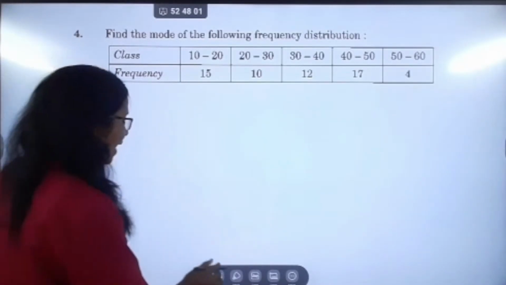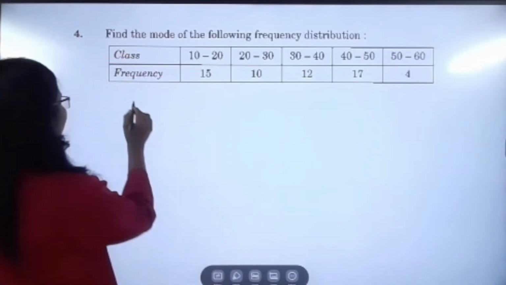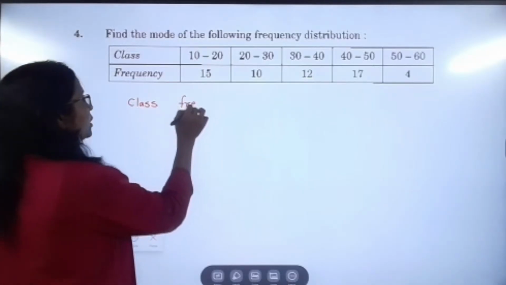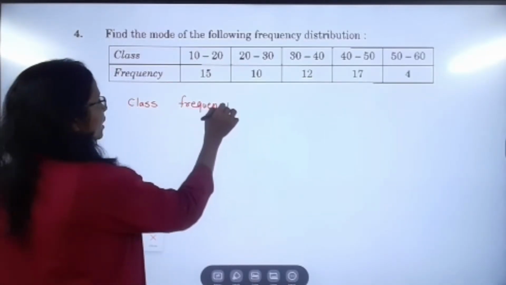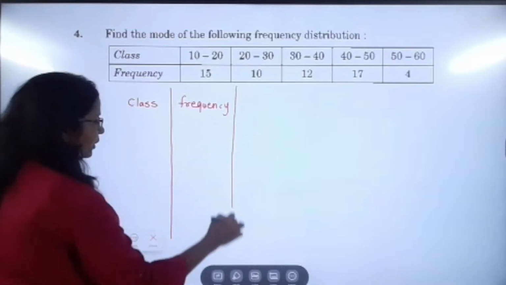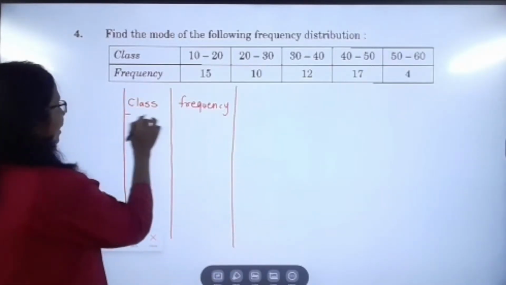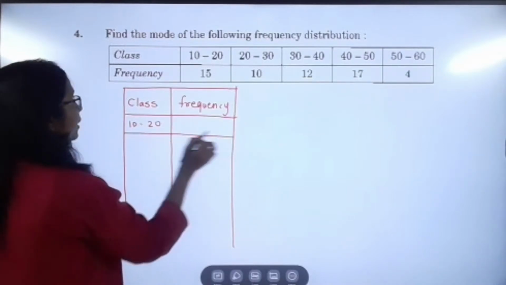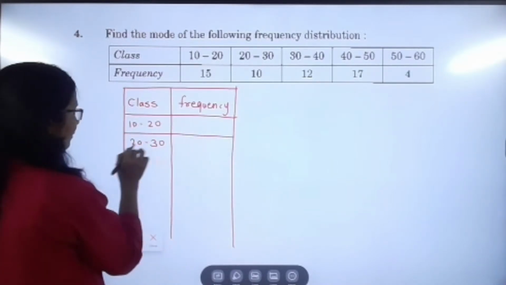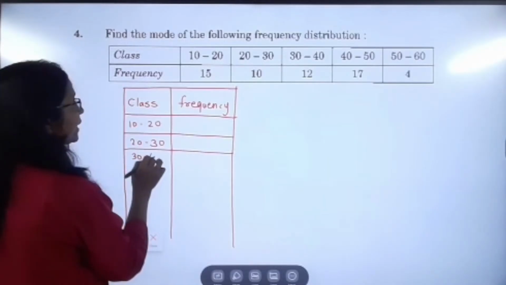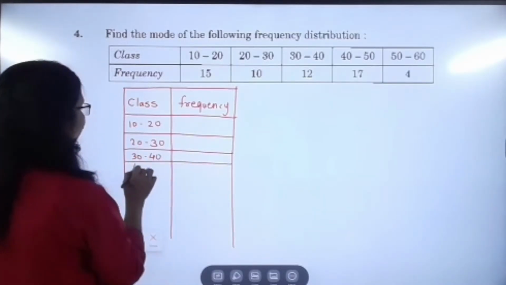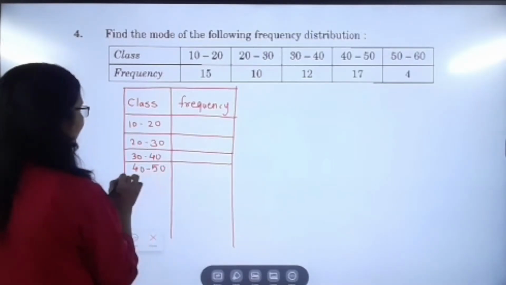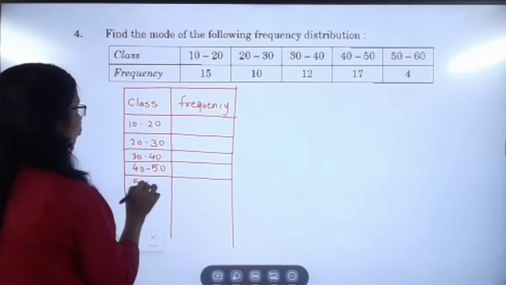So first I write down this information vertically. First is the class, second column is for the frequency. Here class is 10 to 20, 20 to 30, 30 to 40, 40 to 50, and then next one, 50 to 60.